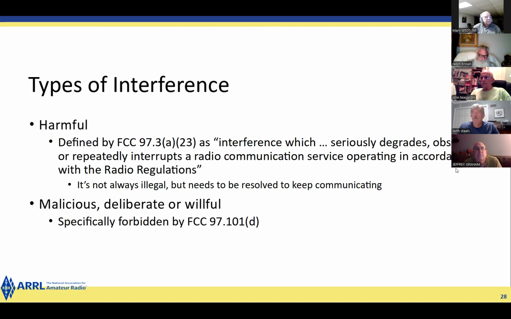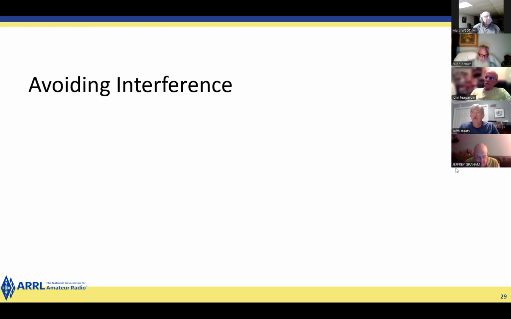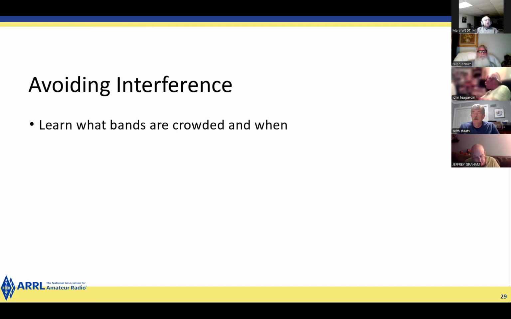So you've got all kinds of interference, as they say. You've got harmful interference, which might be deliberate, and it might not be deliberate. As far as interference, you've got to learn what bands are crowded and when they're crowded.